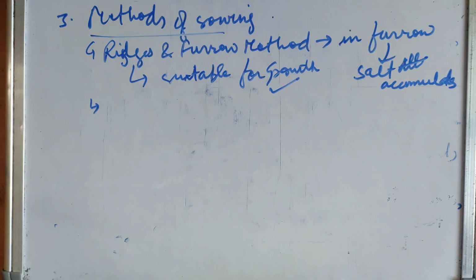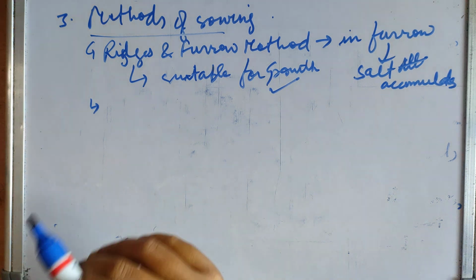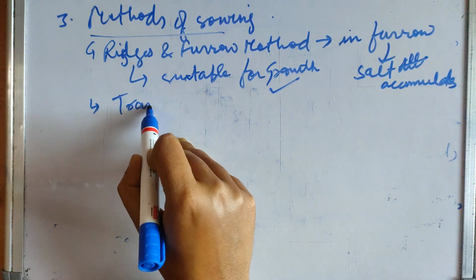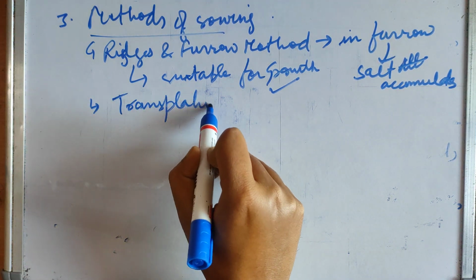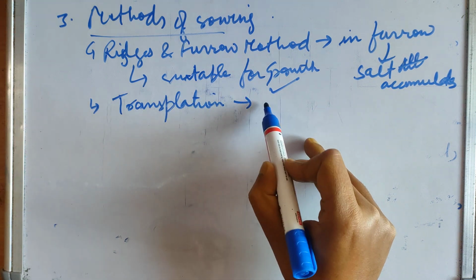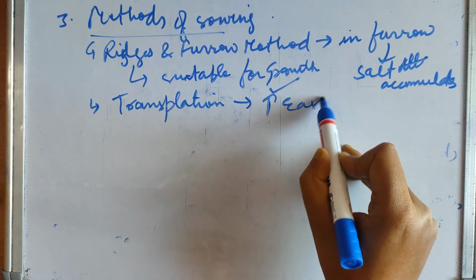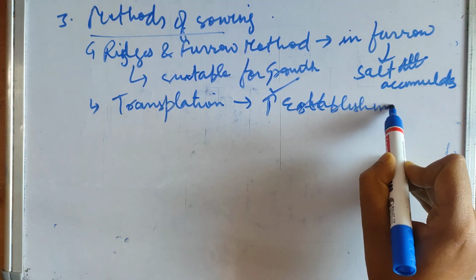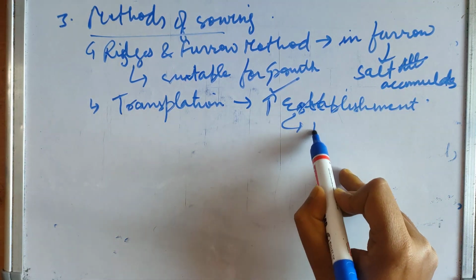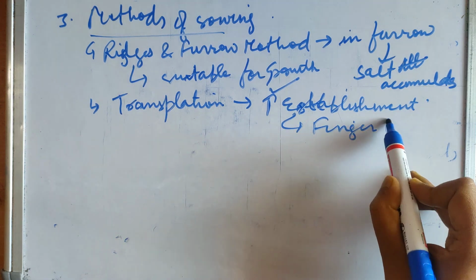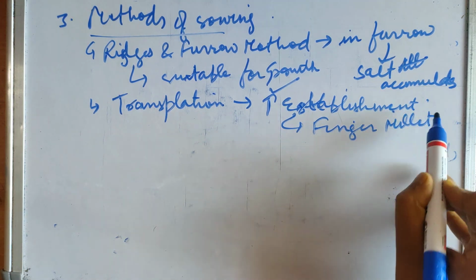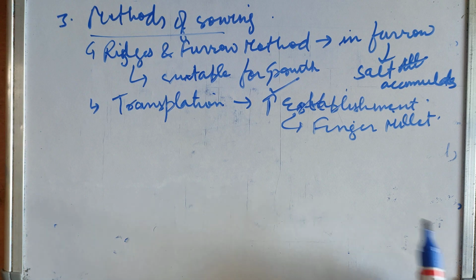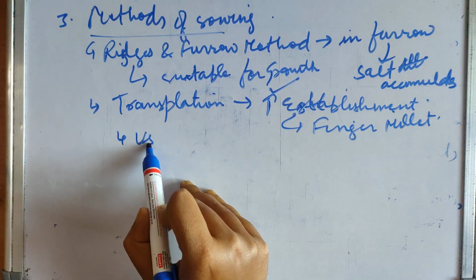Secondly, transplanting leads to better crop establishment, for example in finger millet. We need to use closer spacing.